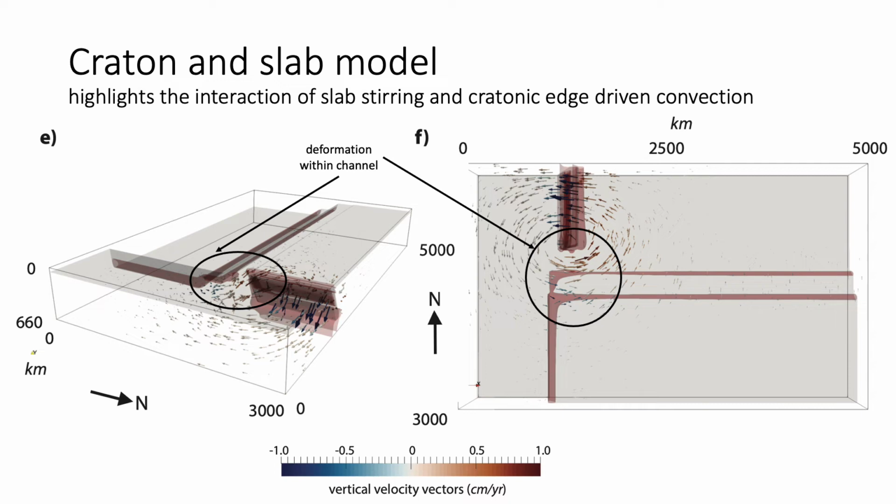And you can see that deformation is focused within a channel between the two. As the mantle flows from beneath the slab around to the mantle wedge, it is forced to travel through a very small region. So deformation within this region is increased in the margin of the craton, and it's pinched.